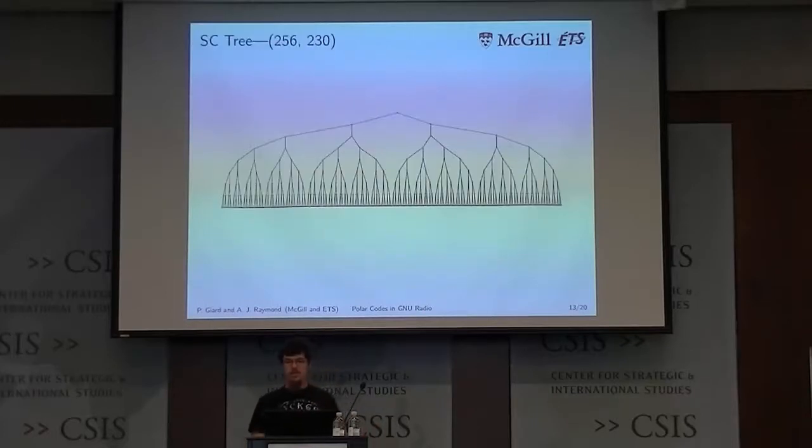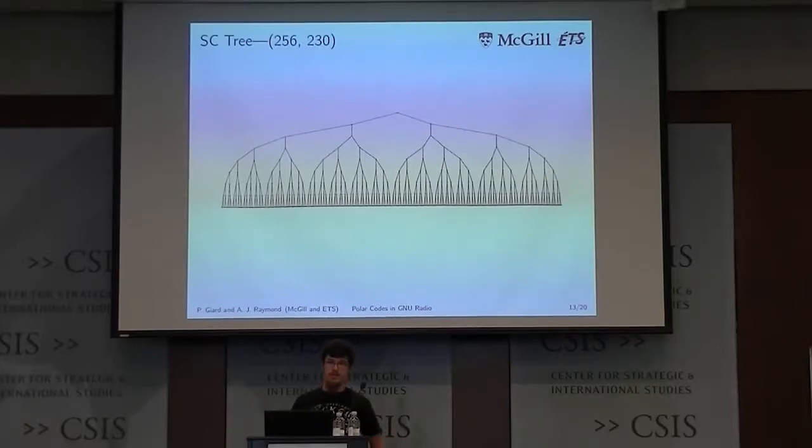And let's look at an example of a specific code. Say I have this 256, 230 polar code, and I want to decode it using successive cancellation. That's what my decoder tree looks like. It's humongous. So I will have to visit each of these nodes first.